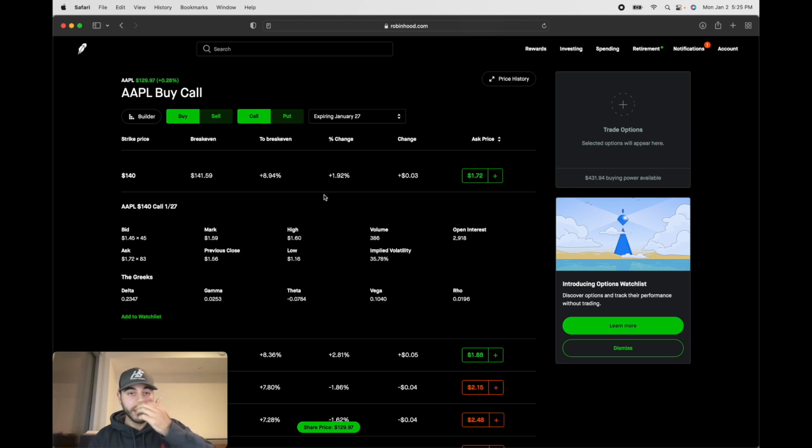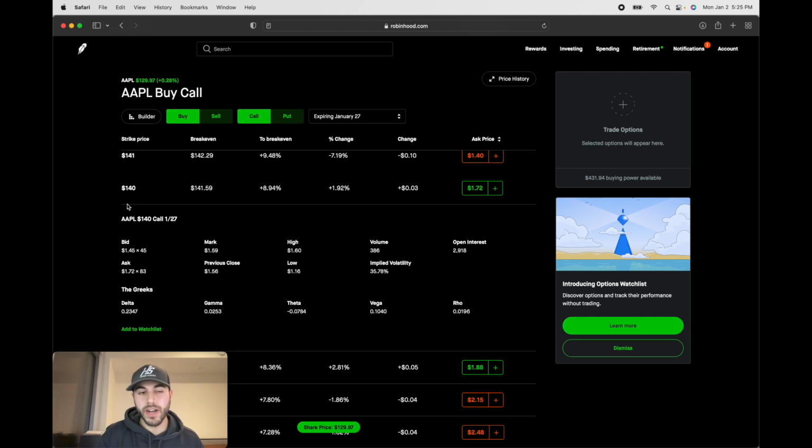So you say, okay, I'm going to buy the 140 strike, and if by the end of the month Apple is trading at 160, what this contract guarantees you at expiration, January 27th, anytime between now and January 27th, if you buy this contract and Apple even jumps to $200, you are guaranteed 100 shares. It's always 100 shares. 95% of the time, your contract guarantees you 100 shares at $140.